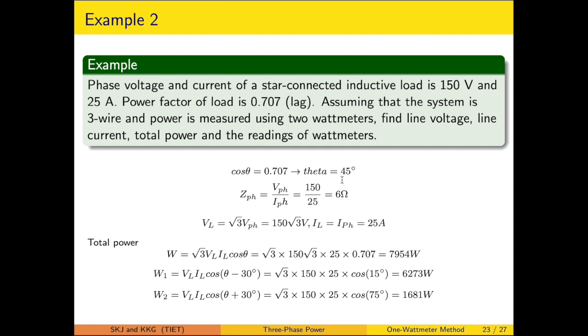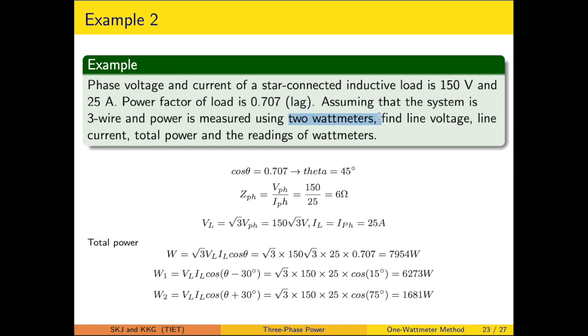Now in this particular example, we have a star connected load where the phase voltage is 150 volt and the phase current is 25 ampere. The power factor is 0.707 lagging. Now we are assuming that the power is measured by the 2 wattmeter method.